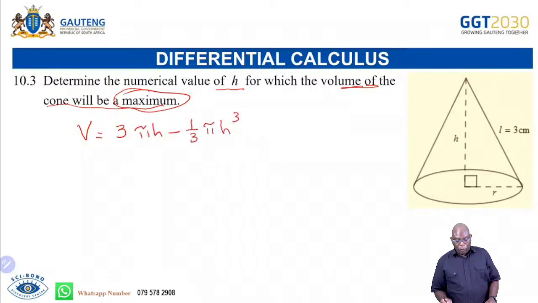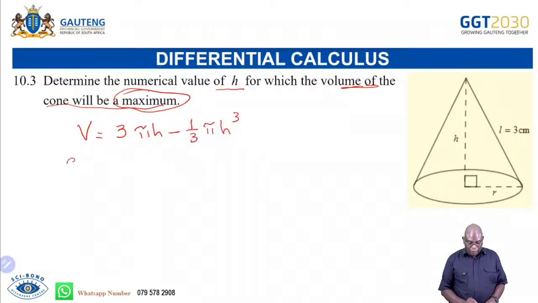I'm not going to use the formula for the volume that was given. I'm using the one that I got in 10.2. Therefore, I need to differentiate, because if I use the other one, it's got an r, and I need the numerical value of h. Remember the r, I've changed it now.